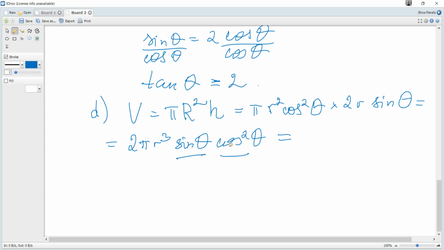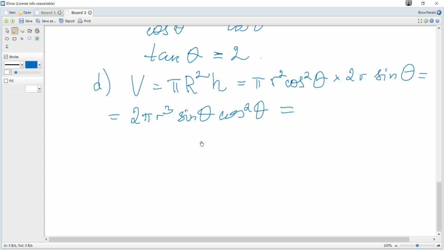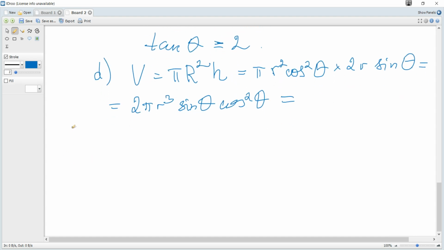We can use the following. Let's consider a right angle triangle with angle theta for which tangent is 2.